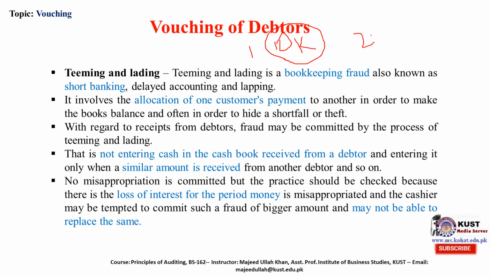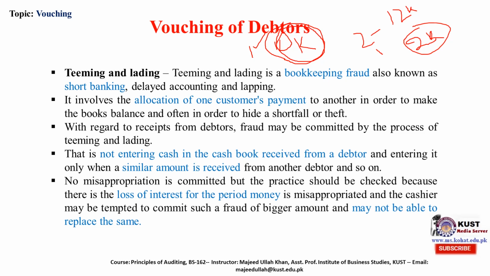From a second customer, he receives, let's suppose, 12,000, and he deposits 10,000 against the first customer, and 2,000 is misappropriated or used. In this way he continues till the end of the month. At the end of the month, he deposits this 2,000 and 10,000.